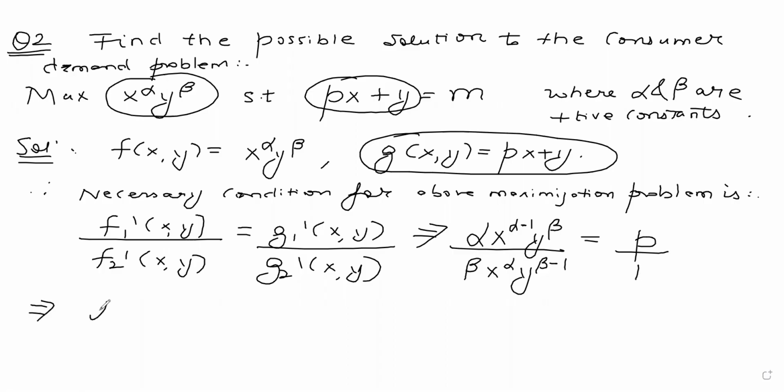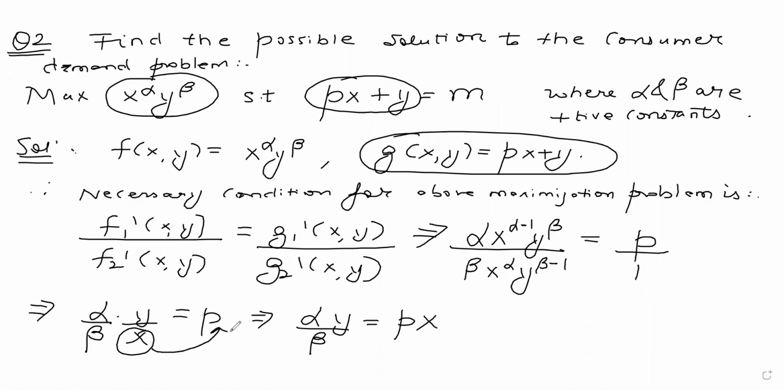So this implies alpha by beta times y by x is equal to p. Okay, so I can write this implies alpha y by beta is equal to px.